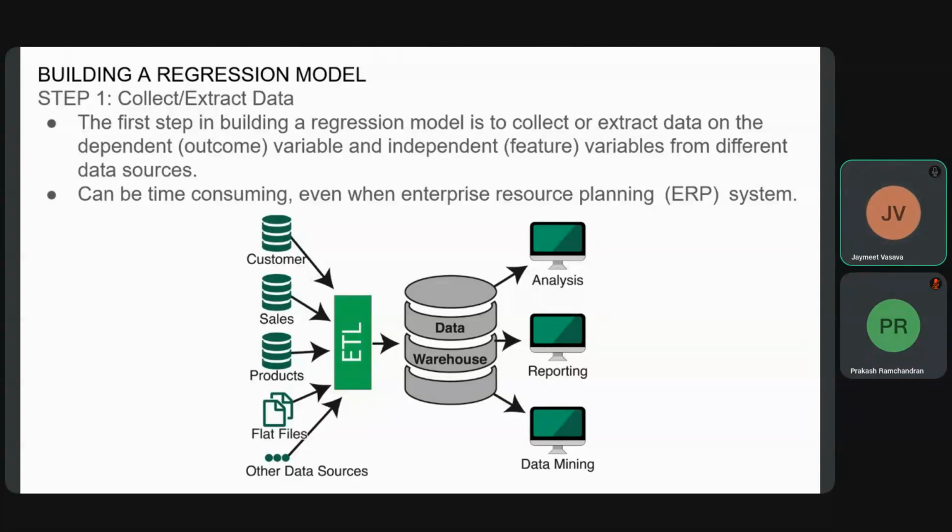The first step is to collect the data from various sources and store it for our use. When this happens, we call it an ETL, which is extract, transform, and load. Extract the data from various sources, transform the data for our use, and load the data into a place where we can directly use it.